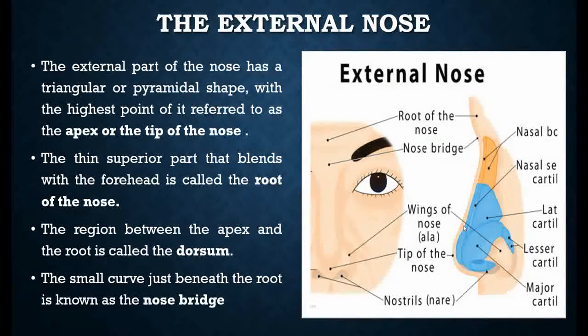The thin superior part which is close to the forehead is called the root of the nose, and the region between the root and apex is called the dorsum, and the small curve just beneath the root is called the nose bridge. You can see every part in the diagram.